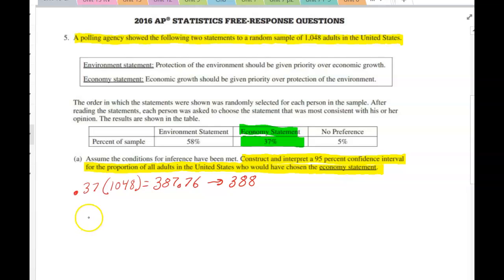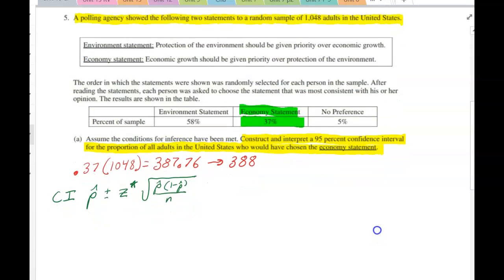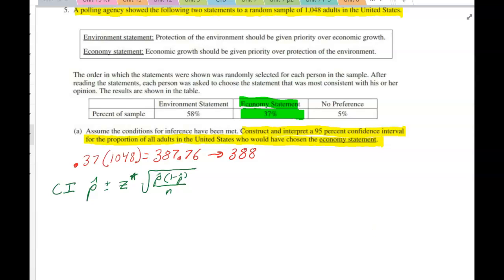So for the confidence interval, it's p hat plus or minus the critical value, z star, times the square root of p hat, 1 minus p hat, over n. For this particular problem, we want a 95% confidence interval.